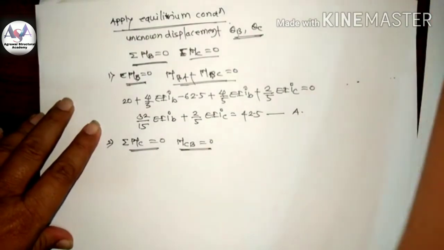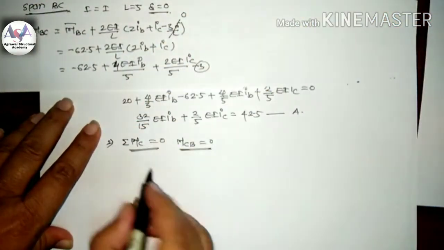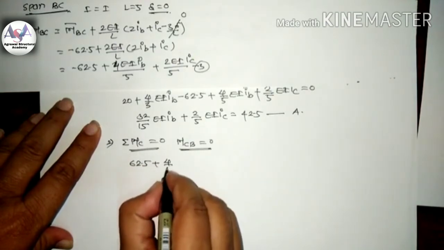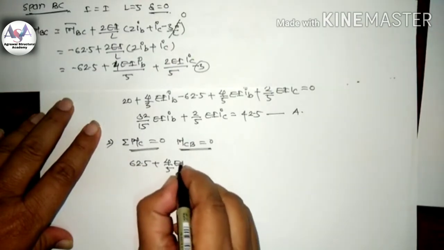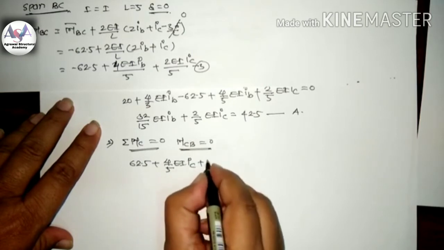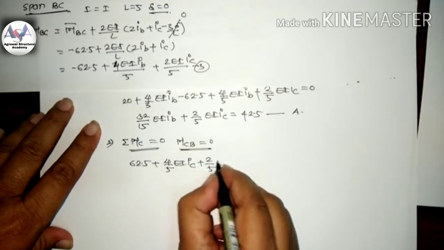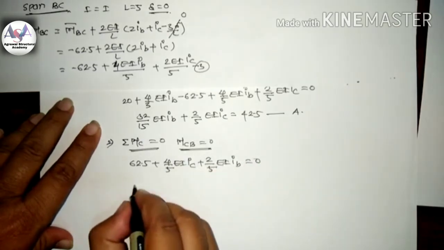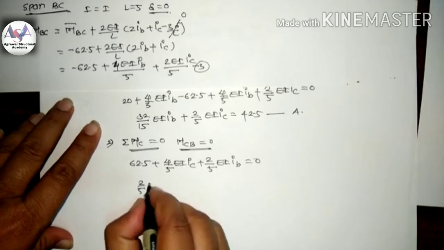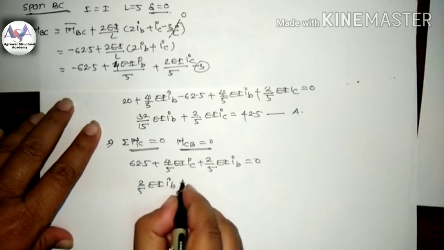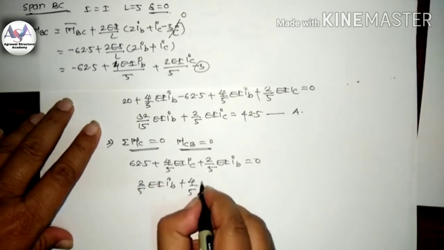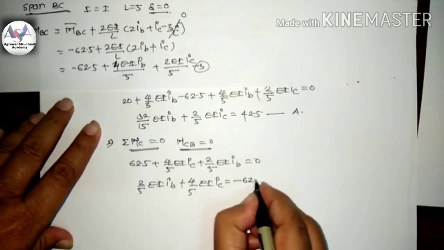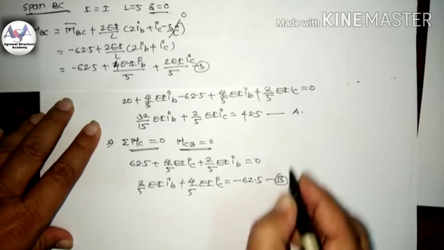So our CB is 62.5 plus 4 by 5 EIθC plus 2 by 5 EIθB, and that is equal to 0. So this becomes 2 by 5 EIθB plus 4 by 5 EIθC equal to minus 62.5, and this is our equation B.